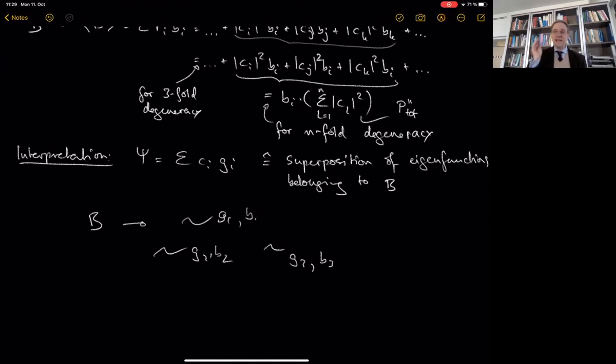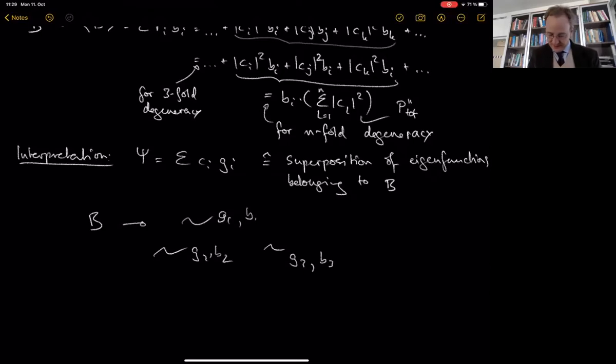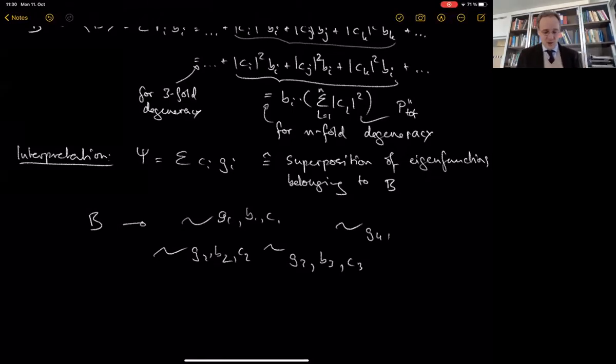And if you stand there and measure long enough, on average, you will obtain the probability weighted values of these eigenvalues. So there is this coefficient which tells you something about how important each of these functions is, right? Some functions might be more important than others for that particular property, and that's what this coefficient tells you.